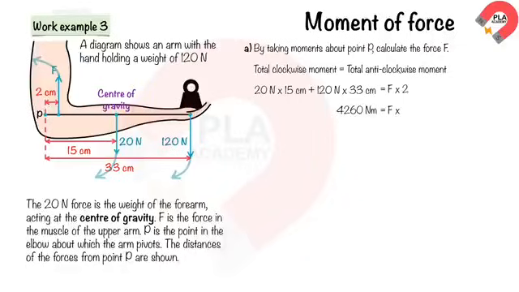Total anticlockwise moment is force F times 2. Therefore, force F is 4,260 divided by 2, equal to 2,130 newtons.